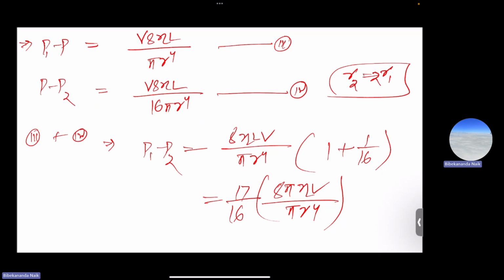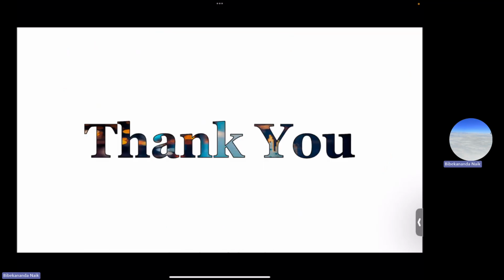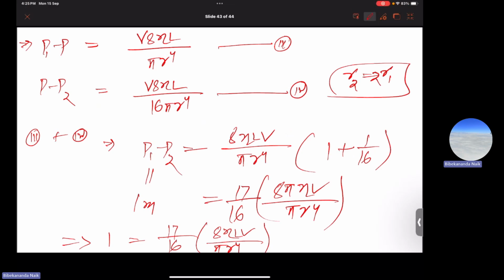So it is given that P1 minus P2 is 1 meter. So 1 equals 17 by 16 into 8 eta L V divided by pi r to the power 4. So let me add another slide.